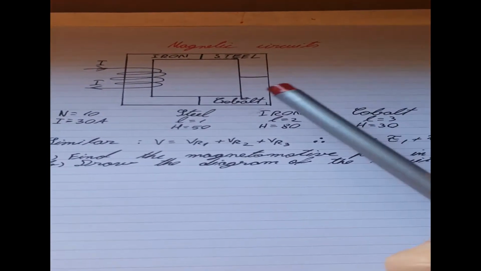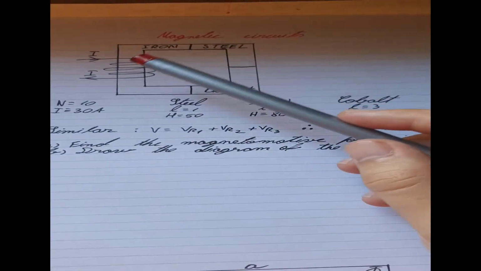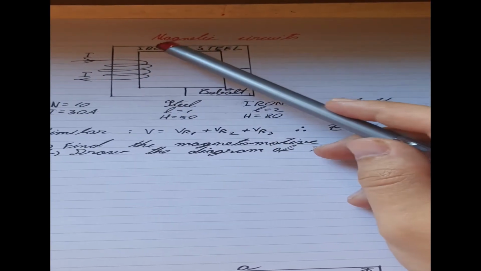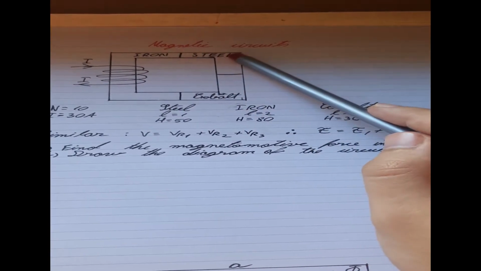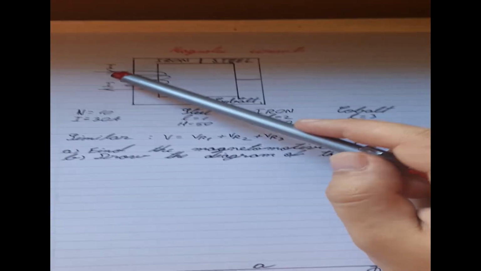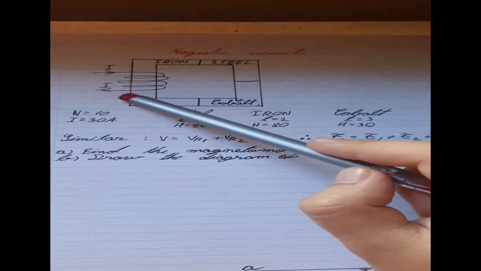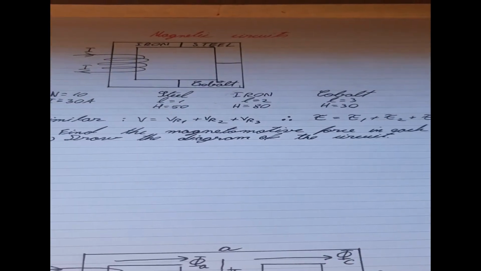A magnetic circuit is basically a ring or a square or whatever shape you want, made of metal. In this case, it can also be a combined metal, for example iron, steel, and cobalt inside of it. Through it there is a coil of wire, like an inductor, turned around it with many turns.